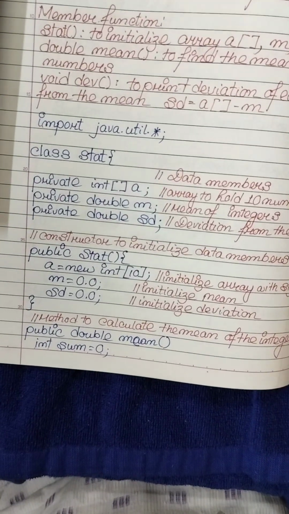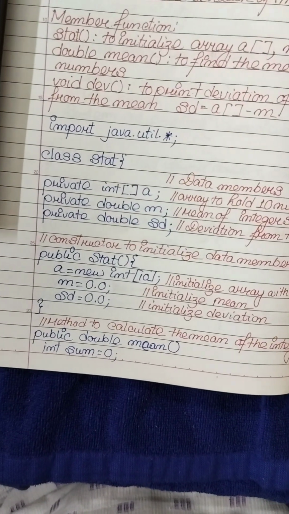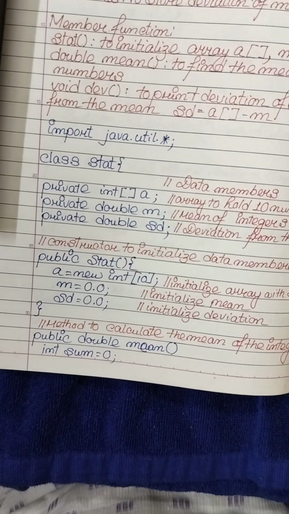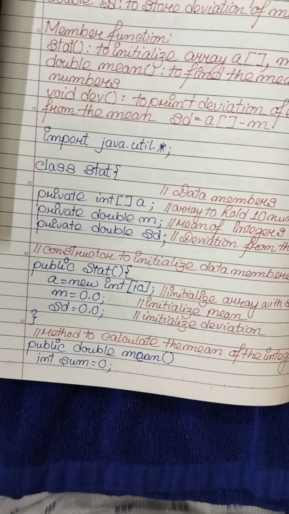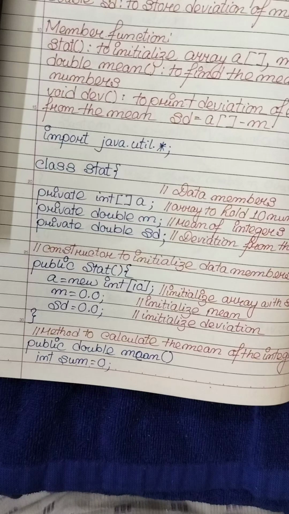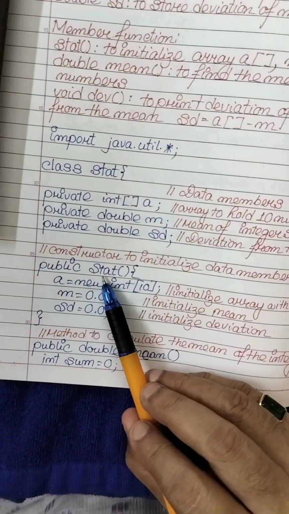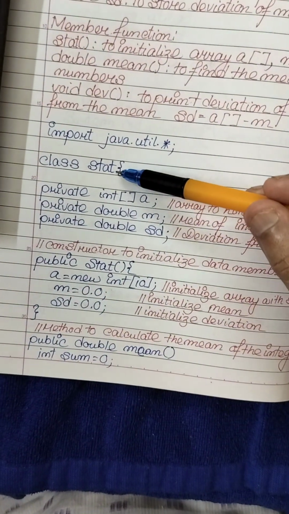Next we are declaring the constructor. How do you recognize the constructor? It is public stat: the constructor name is the same as the class name.